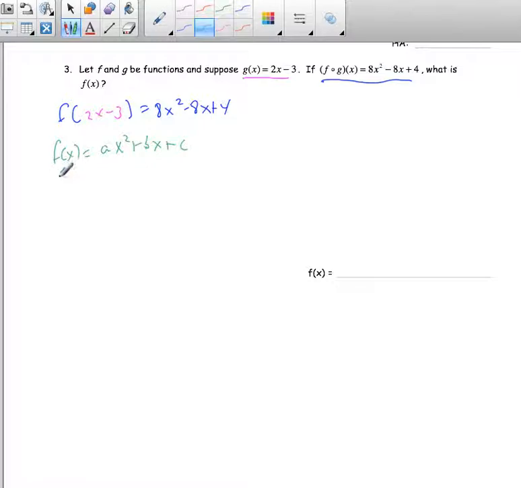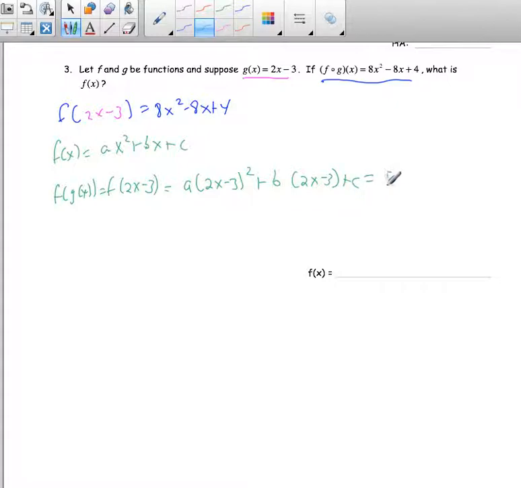So f of g of x is what we're going to do. f of g of x, which is f of 2x minus 3. I'm going to substitute that into my function ax squared plus bx plus c. So I'm going to have a times (2x minus 3) squared plus b times (2x minus 3) plus c.